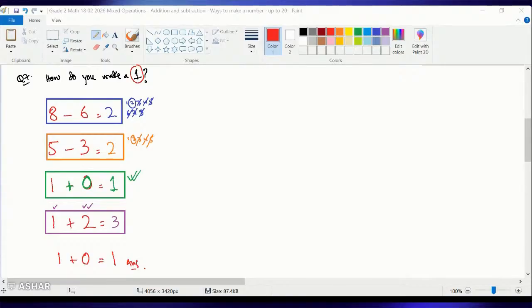For the next question, it says, which is not a way to make a 19? They're telling us which way we should not get a 19. Okay, let's say question number 8. Not a way to make a 19. We're just making our own options, okay?